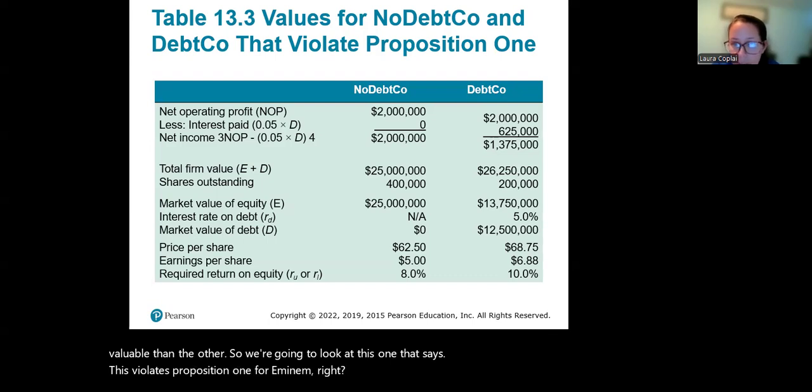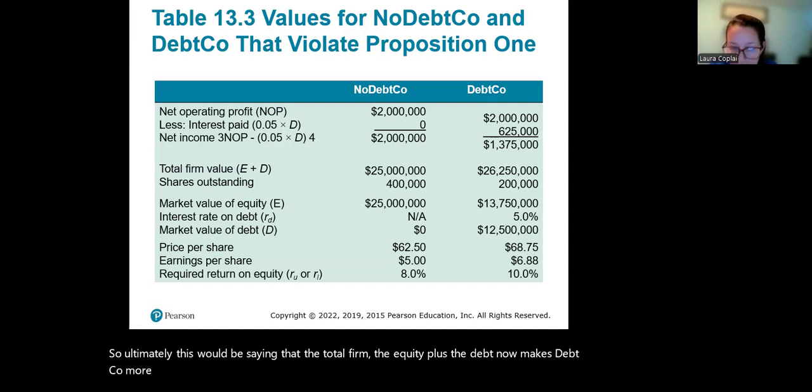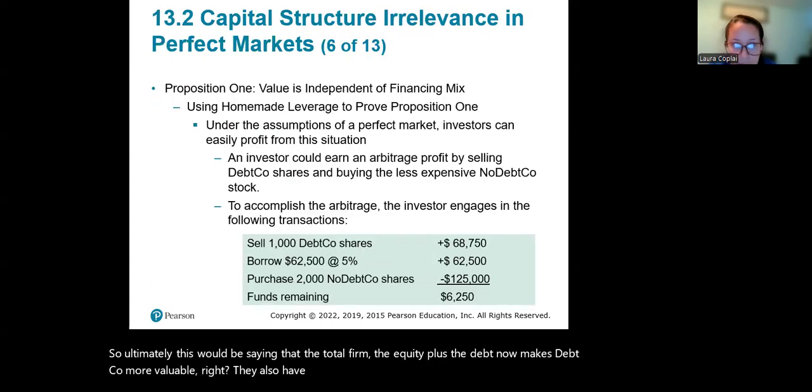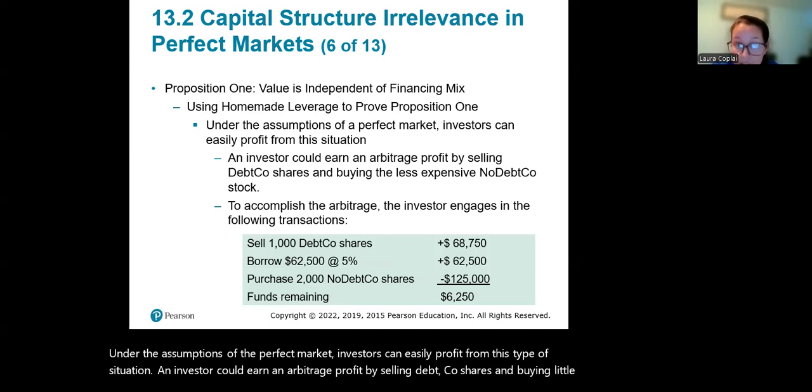Ultimately, this would be saying that the total firm, the equity plus the debt, now makes Debt Co. more valuable, right? They also have a higher return. Under the assumptions of the perfect market, investors can easily profit from this type of situation. An investor could earn an arbitrage profit by selling Debt Co. shares and buying a little less expensive No Debt stock.